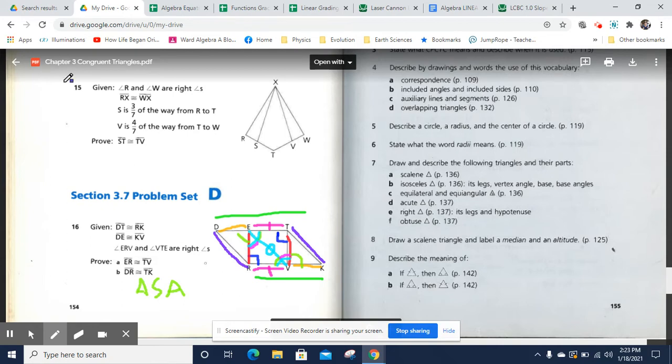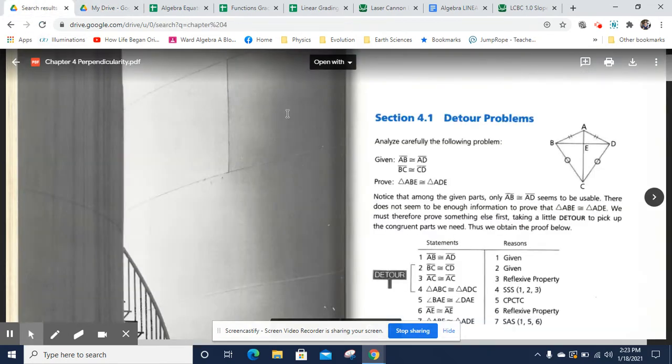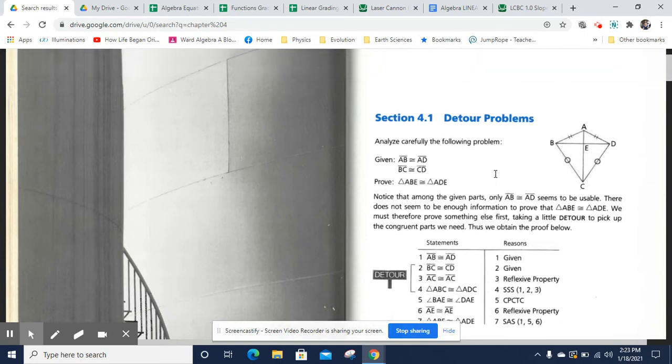So that's an example of a detour problem. Now I'm going to go into chapter 4 where we actually directly talk about detour problems. There's a procedure for detour problems. So let's look at this very first one.